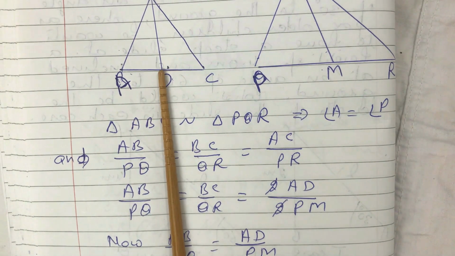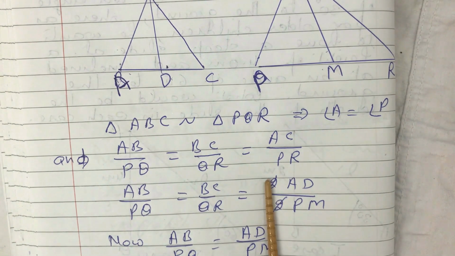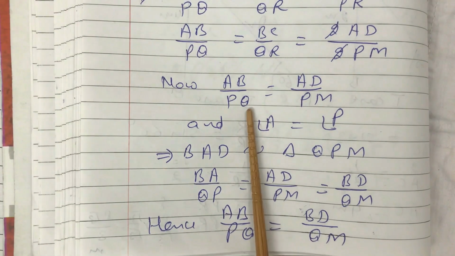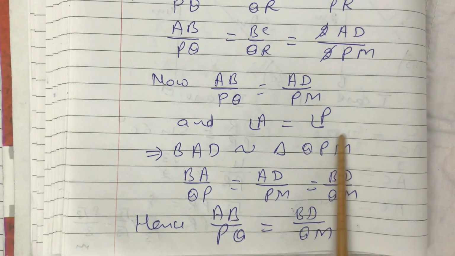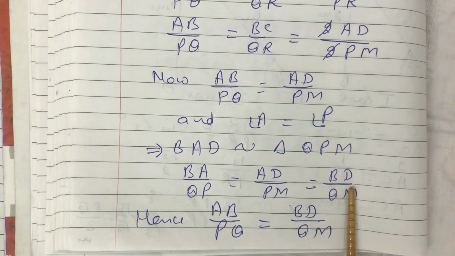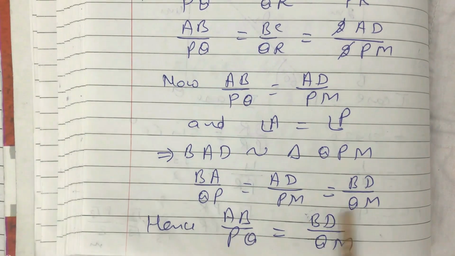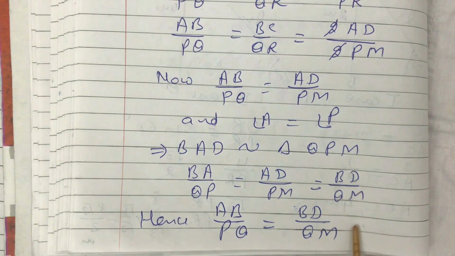Because D is the midpoint here and M is the midpoint here. So 2 and 2 cancel. So AB by PQ is equal to AD by PM and angle A is equal to angle P, and both the triangles are similar, sides are proportional. It means AB by PQ is equal to BD by QM. This is what we want to prove.